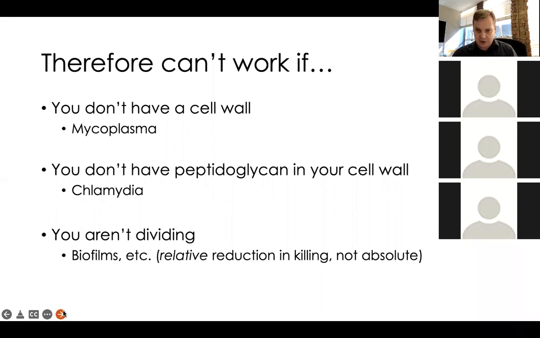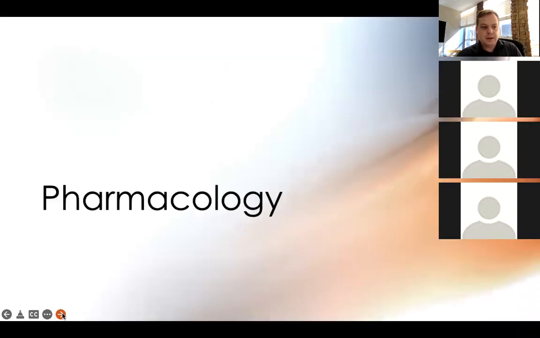If they're just sitting there inert, it doesn't matter because you're preventing new peptidoglycan from being formed. You're not destroying the peptidoglycan that does exist already. And so, for example, biofilms are an example of pretty inert bacteria, and it makes it quite difficult to kill. You do still get some killing, but it's quite substantially attenuated if a bacterium is not dividing. So that's in essence how they kill.